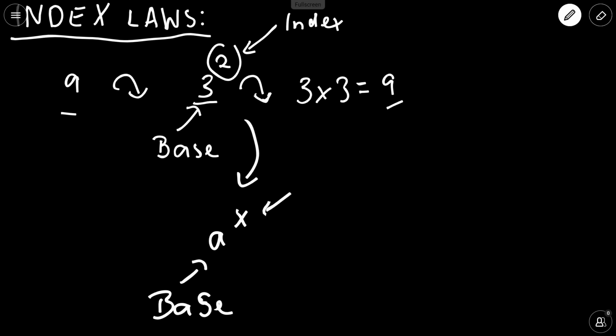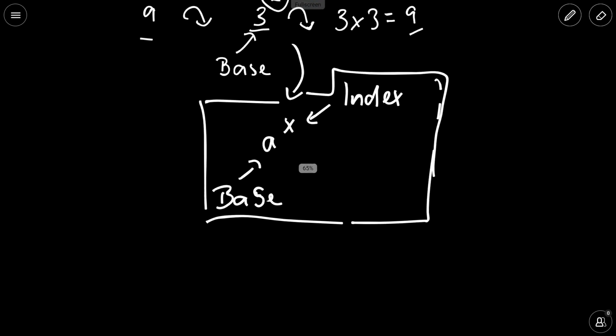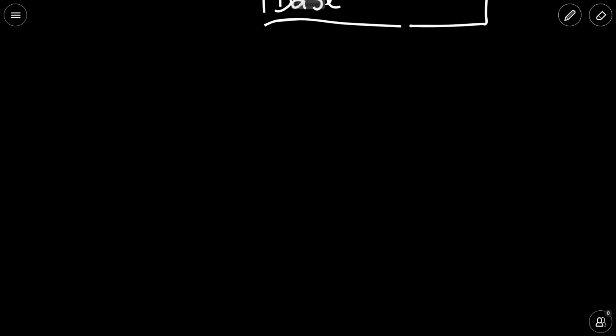And the little number at the top is our exponent, or index, or our power. That also tells us this can be any number. And so if we think about index form, this is what we're talking about. All right, I hope that makes sense to really get the basics down. Let's have a look at the laws we're going to work our way through today.